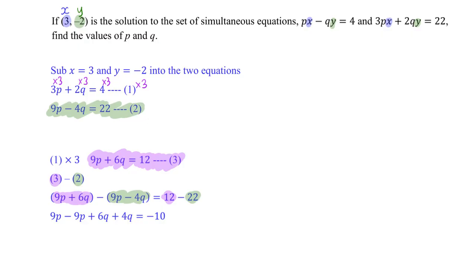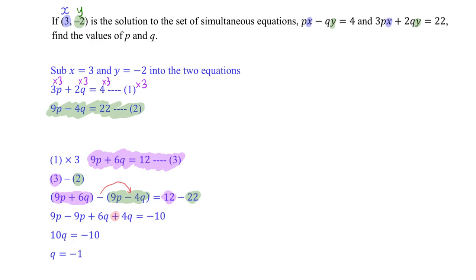Well, I hope you can see that negative and negative will become, yep, positive. 12 minus 22 is -10. And to continue, eventually you will get 10q equals -10. q equals -1. I divide by 10 on both sides.